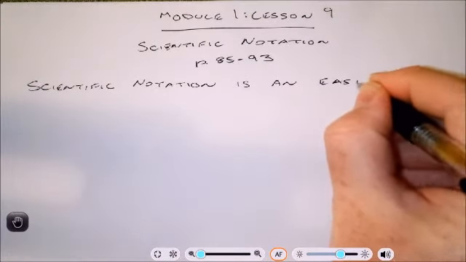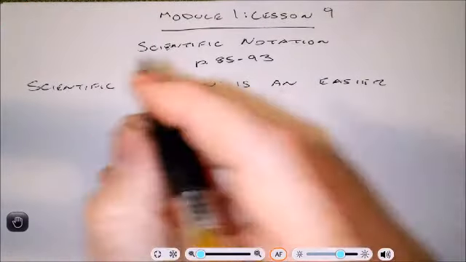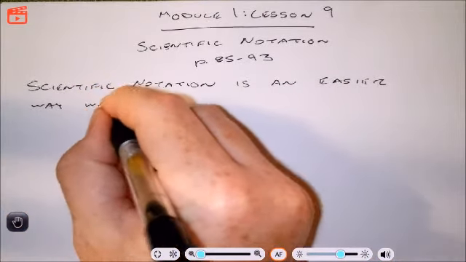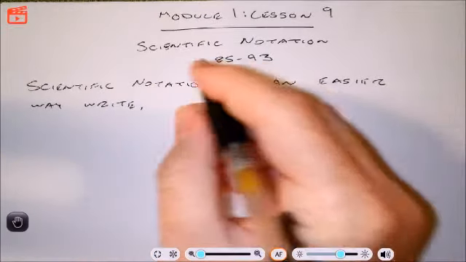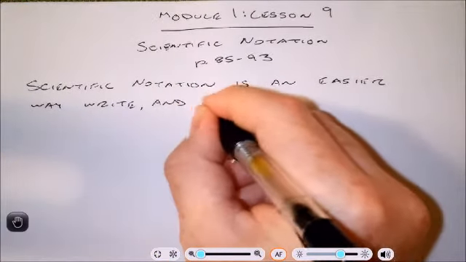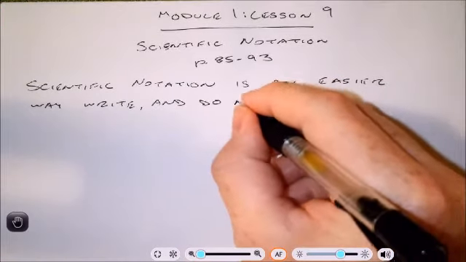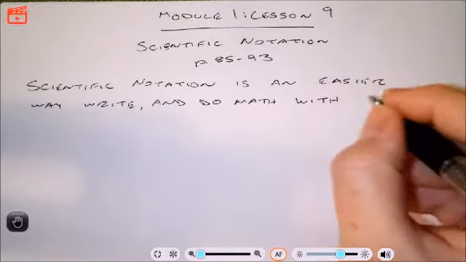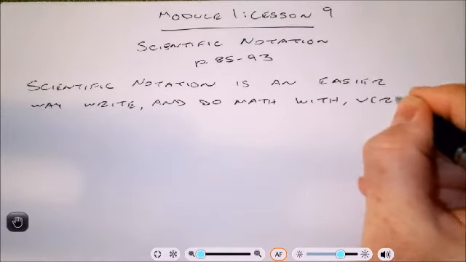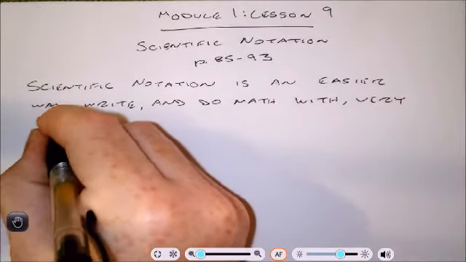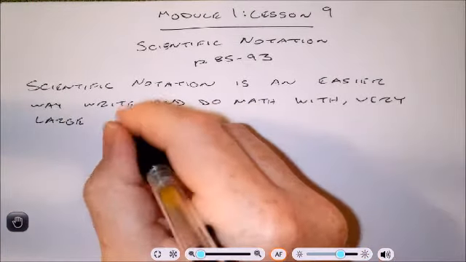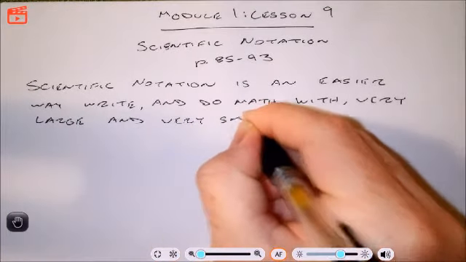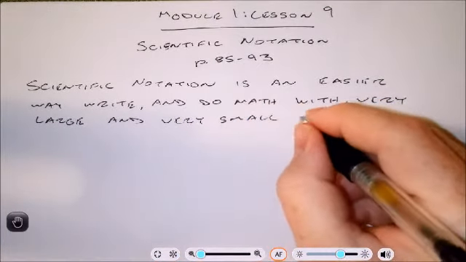Some numbers are so big and so small that it's hard to write them, it's hard to do math with them, and so people all over the world have decided to use scientific notation to make things standardized, to make things a little bit simple. So very large and very small numbers can be written with scientific notation.